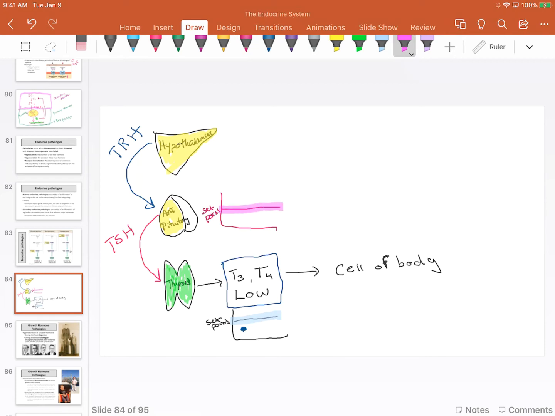If my blood test comes in and I'm right here, I'm in a normal range, aren't I? So TSH is normal, in this what if scenario.